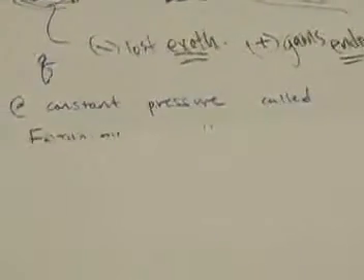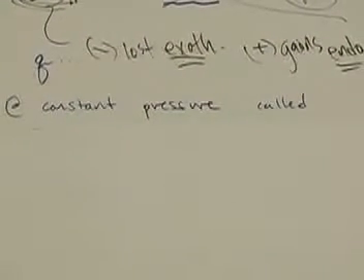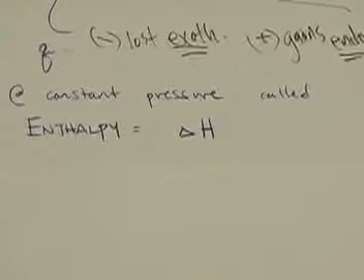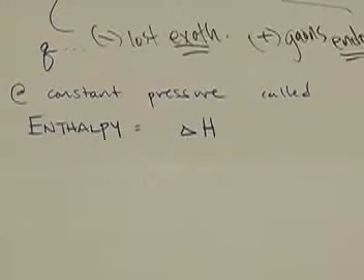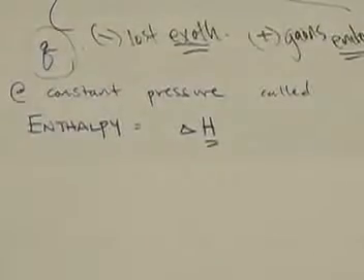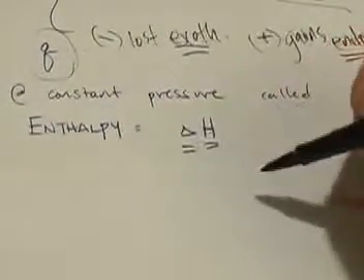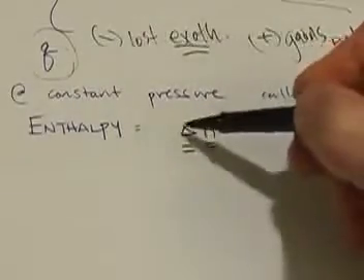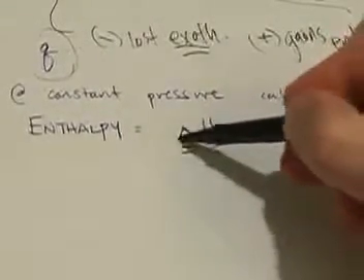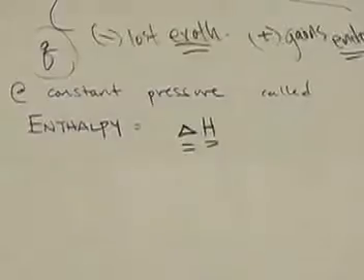Well, when heat is transferred at constant pressure, we give this heat energy a new name. We call it enthalpy, and we now change the symbol from Q to H. And we don't usually measure directly the enthalpy of a system, but we measure the change that the system undergoes in terms of enthalpy. This triangle right here is a Greek letter delta, which means change.